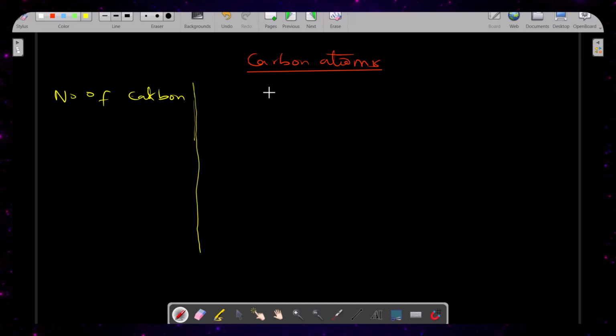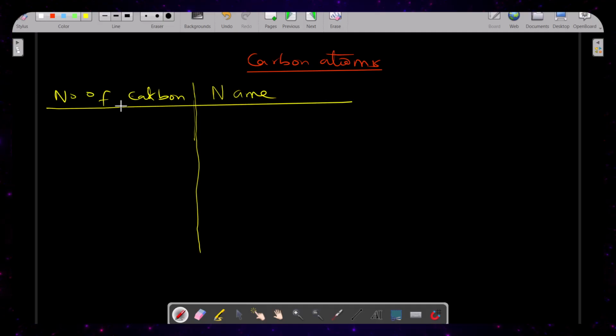Then let's talk about the name that we call it, the name. So let's look at it this way. If the organic compound has one carbon atom, please, one carbon atom, it's called meth. You call it meth.